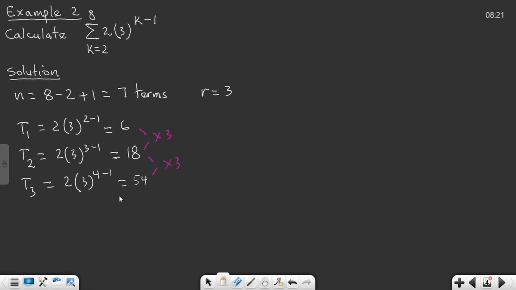So since it is a geometric series, we have a formula that can be used in order to find the sum of this series. So the formula will be this one. You should remember from the previous lesson.